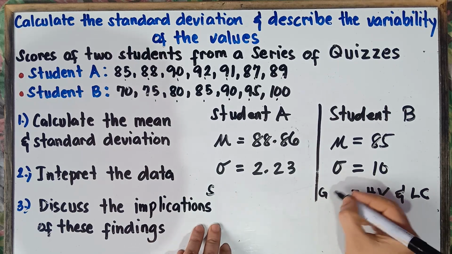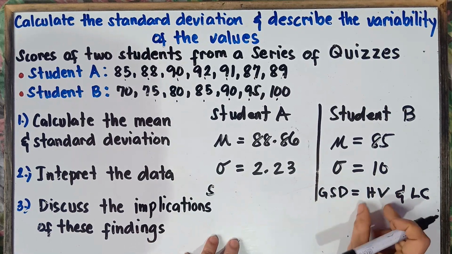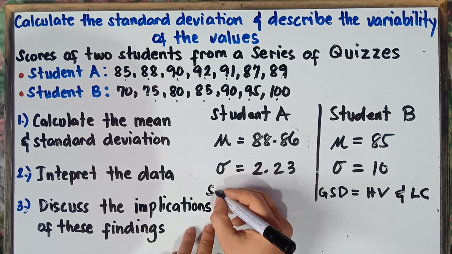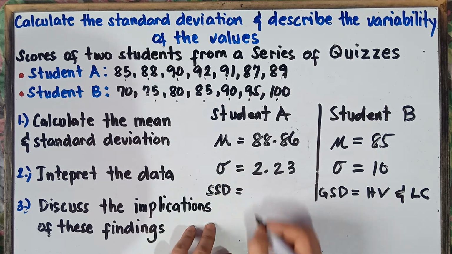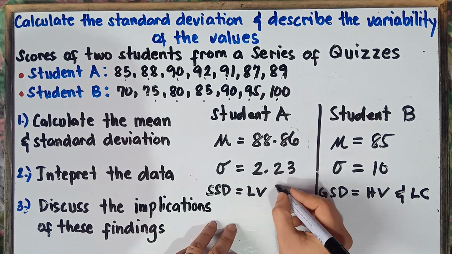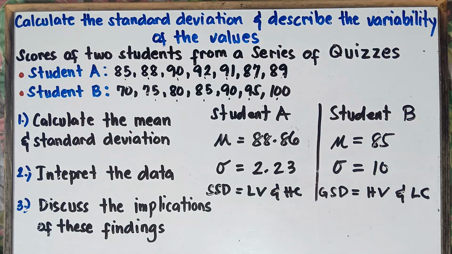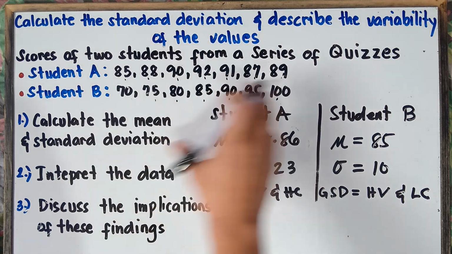If you have smaller standard deviation, there will be lower variability and high consistency in the data set. Let me explain this step by step, and then we're going to interpret the data.